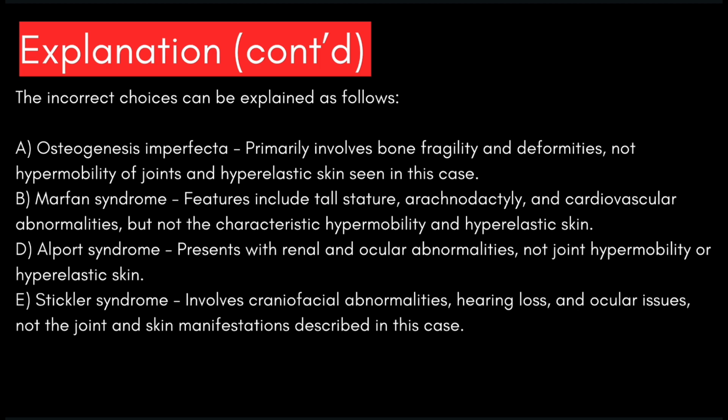Features include tall stature, arachnodactyly, and cardiovascular abnormalities, but not the characteristic hypermobility and hyperelastic skin. Alport syndrome. Presents with renal and ocular abnormalities, not joint hypermobility or hyperelastic skin. Stickler syndrome. This involves craniofacial abnormalities, hearing loss, and ocular issues, not the joint and skin manifestations described in this case. Let's move on to the next question.